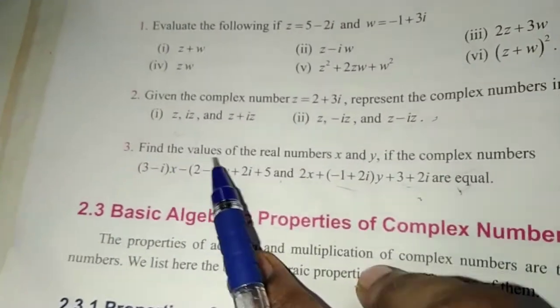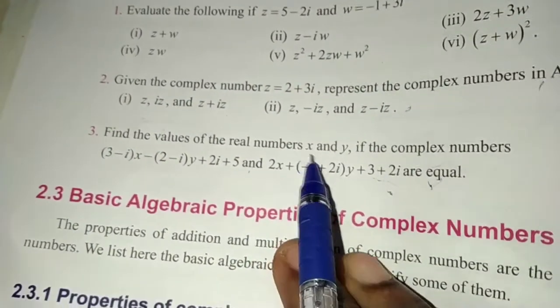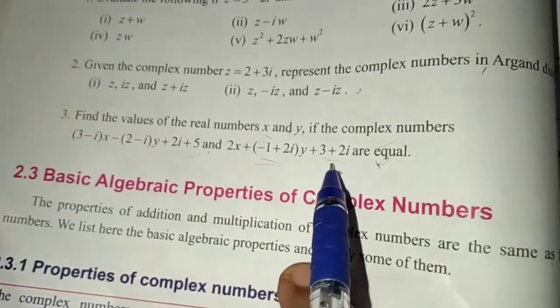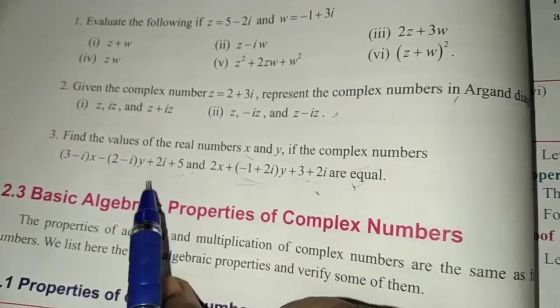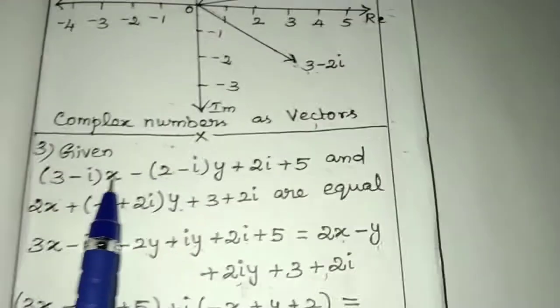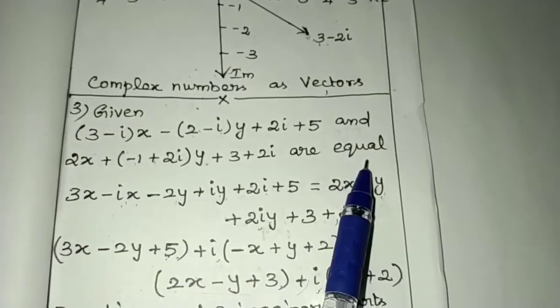Okay. Third sum, see the third sum. Find the values of the real numbers x and y, if the two complex numbers given are equal. We want to find x and y. Okay, listen, the two complex numbers are equal.